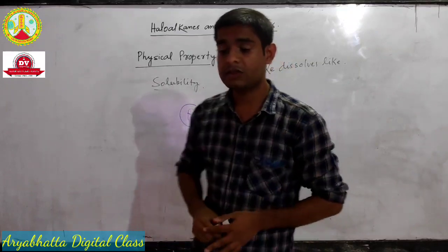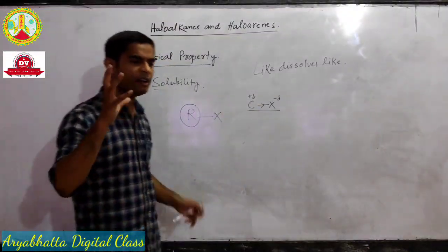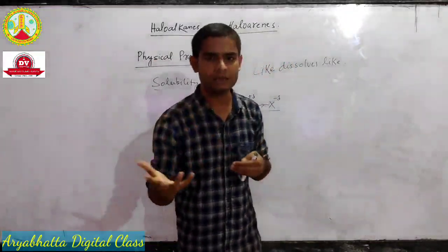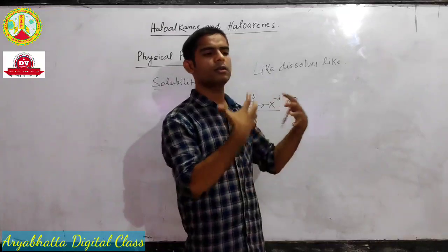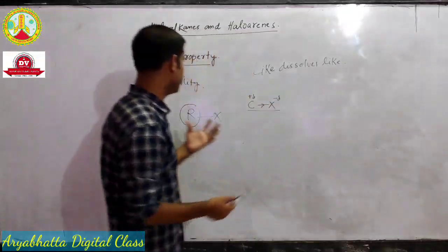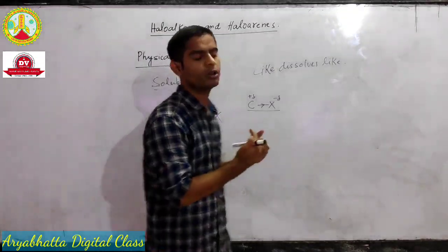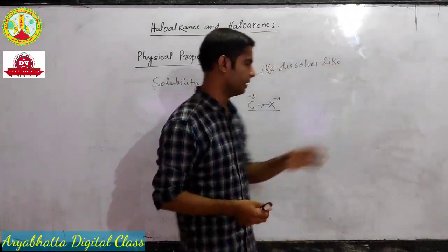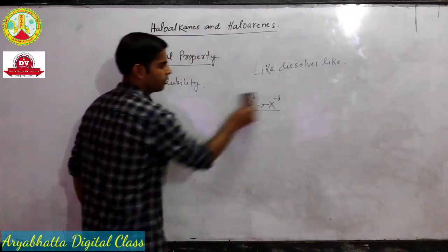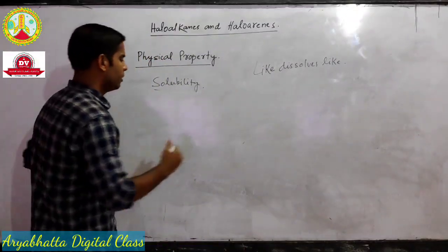And alkyl chains are generally very hydrophobic in nature. What is hydrophobic? Anything which repels water, which is not good with water. Phobia, you know, like phobia. So alkyl chains generally do not go well with water molecules. So you will see a mixed trend in the solubility.